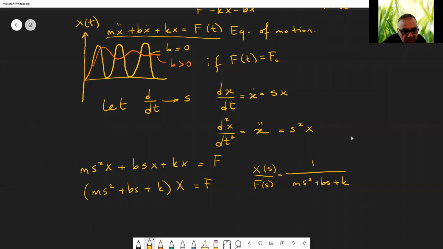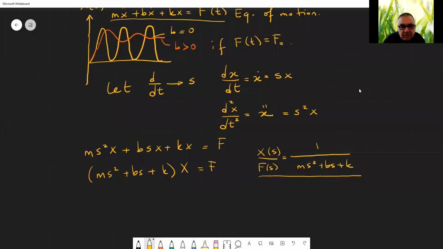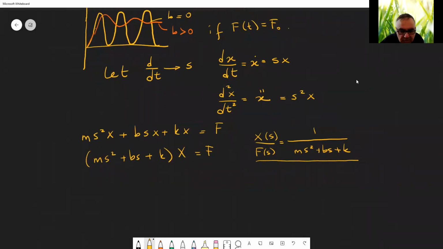It is the same thing, only written in a different form. This is an algebraic equation. This is a differential equation, but they represent the same thing. And actually, this is the so-called transfer function of this system.